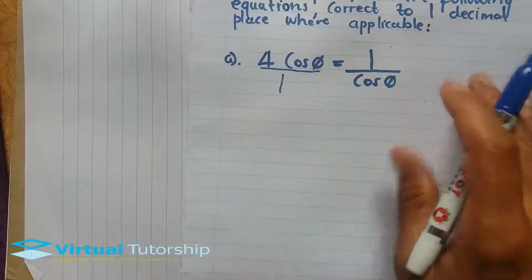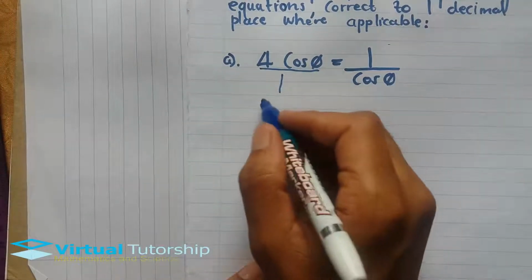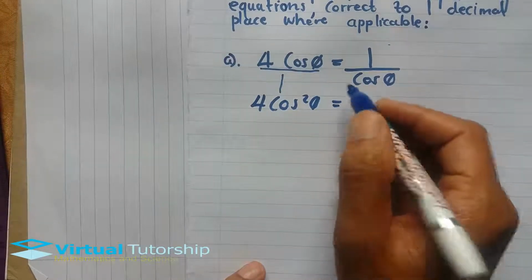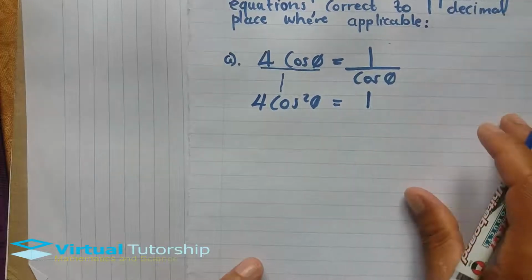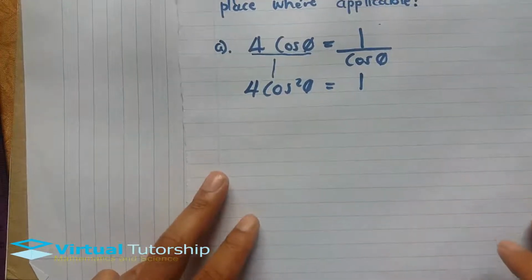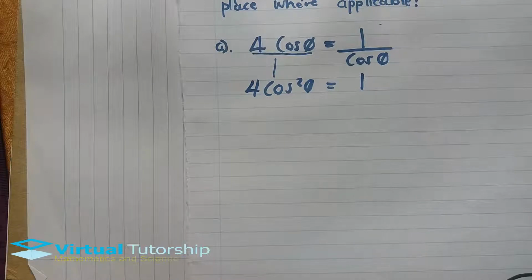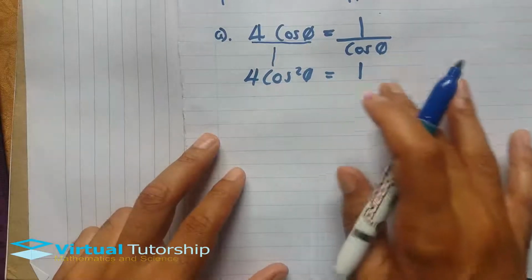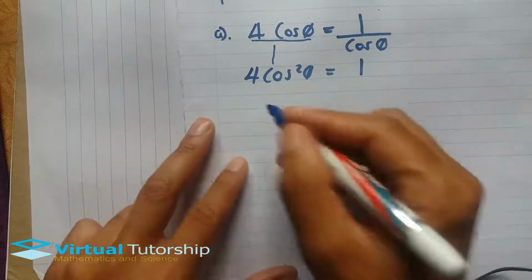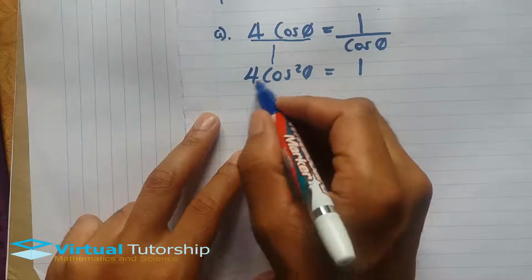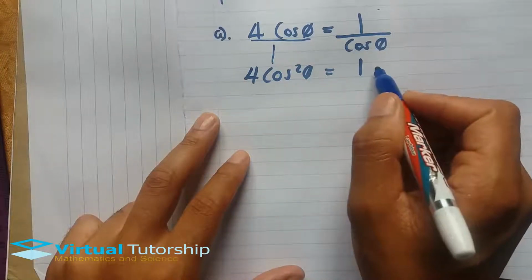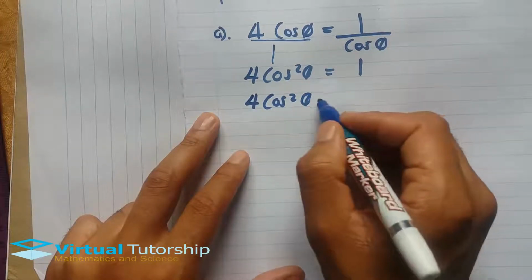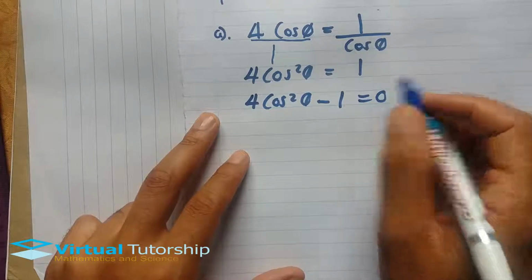So 4 cos theta times cos theta is 4 cos squared theta, equal to 1 times 1, which is 1. When you solve trigonometric equations, move everything to one side and leave 0 on the other side. So we have 4 cos squared theta minus 1 equal to 0.